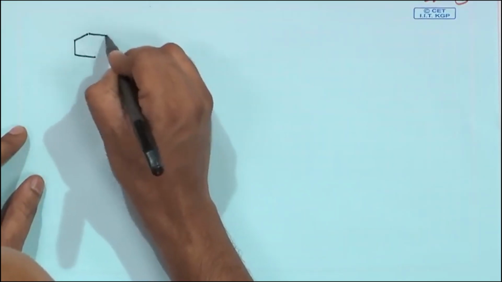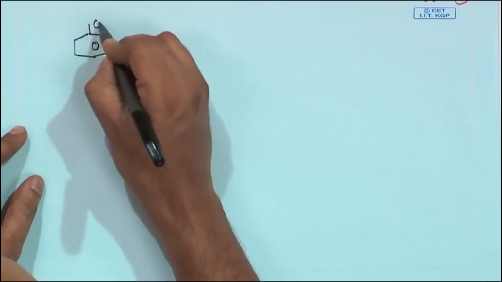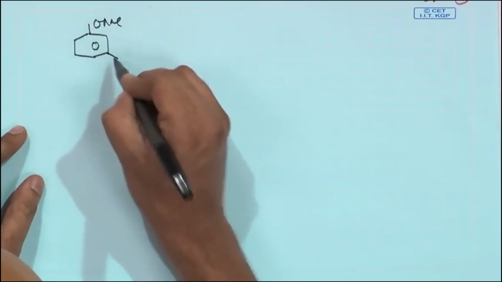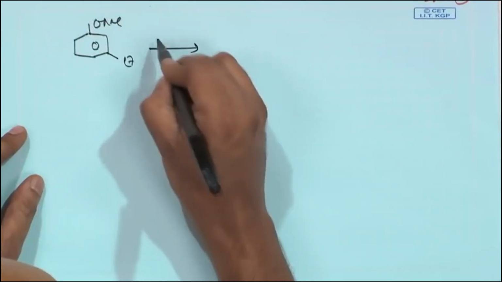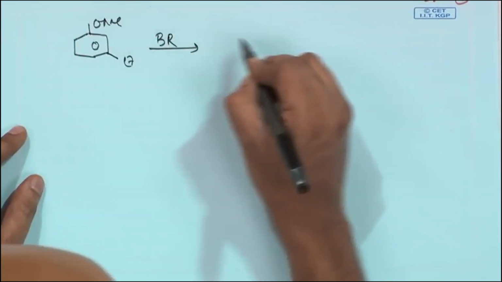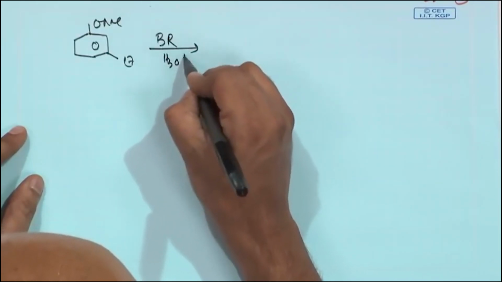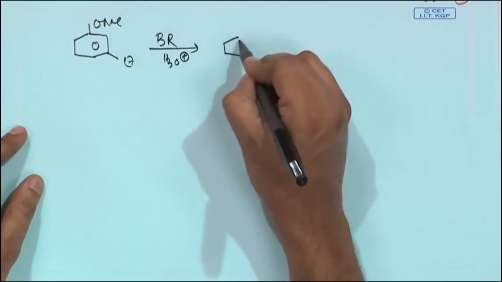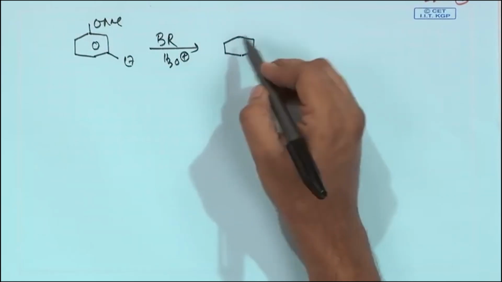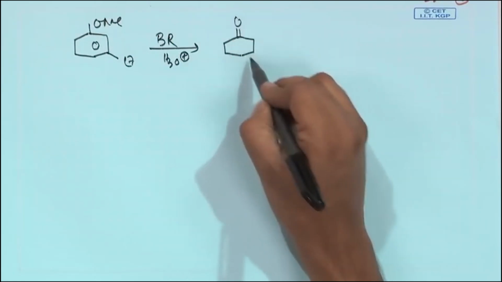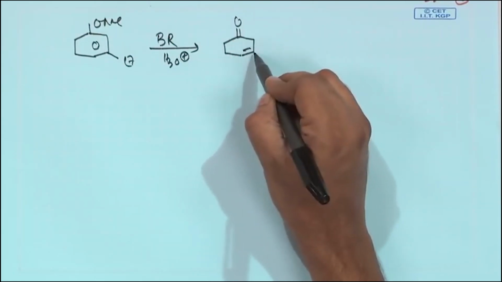So, first take the starting material, do the Birch reduction. After Birch reduction you do the hydrolysis as explained earlier, and you will get this compound.